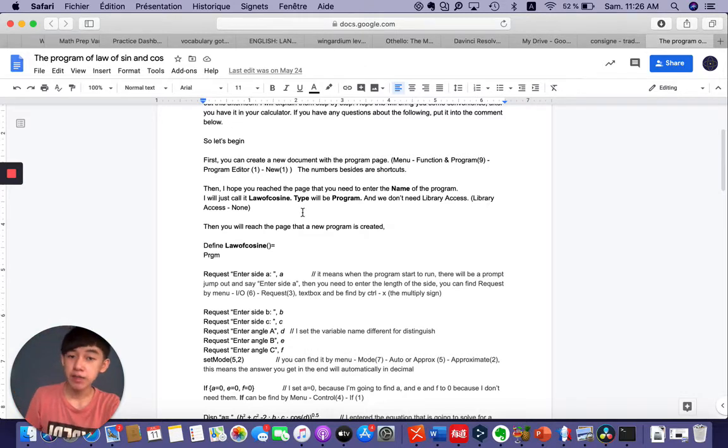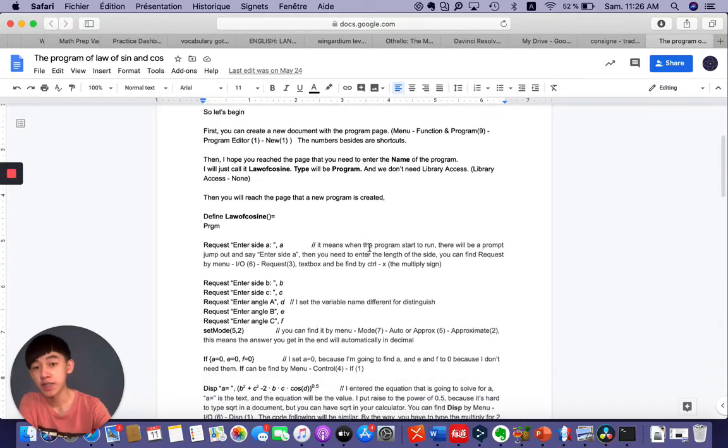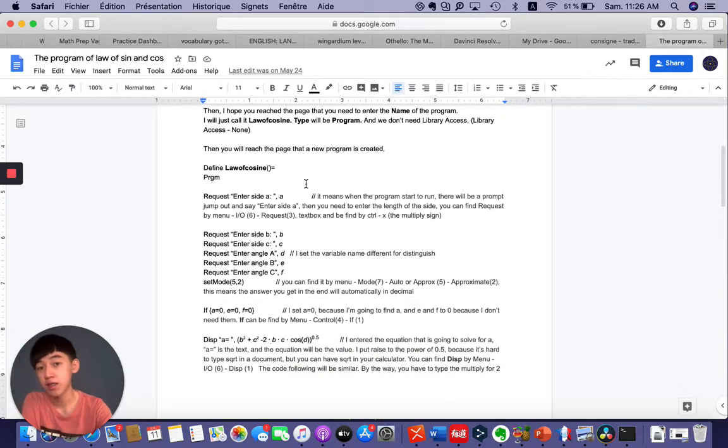The type of the program will be program, and you don't need library access, which means you choose none for the library access. Then you can reach the page where you can create a program.